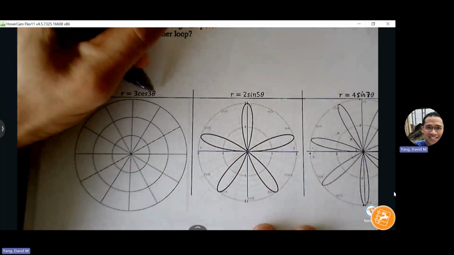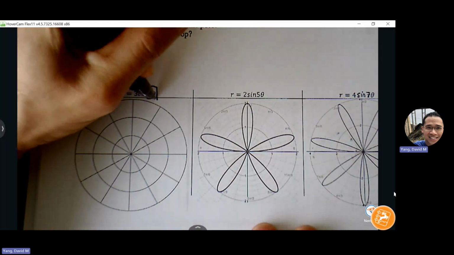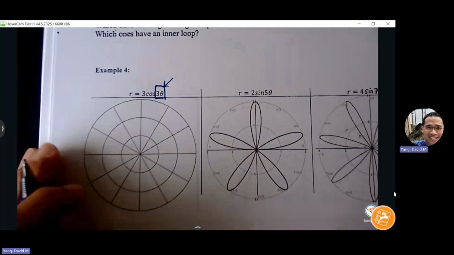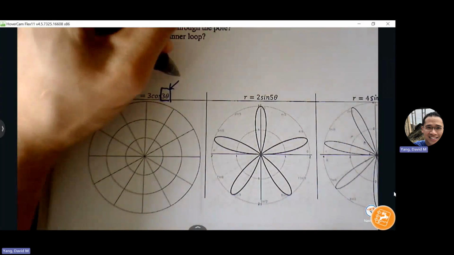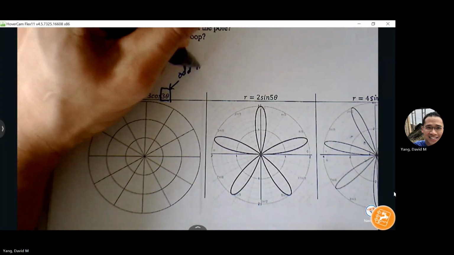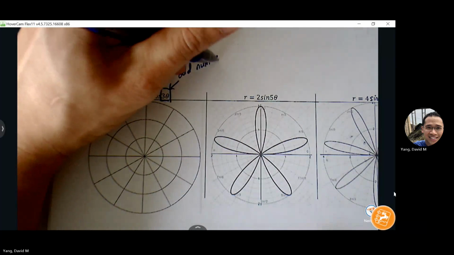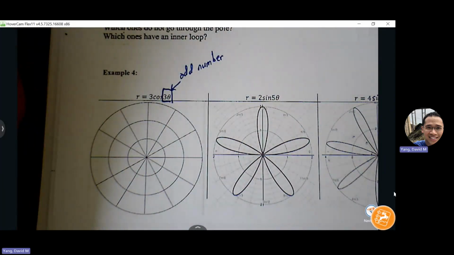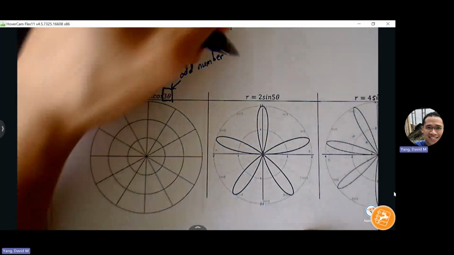So one thing I want to point out here is look at what's inside this cosine. You've got an odd number here. An odd number will indicate the exact number of petals.